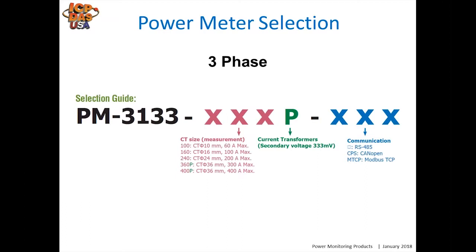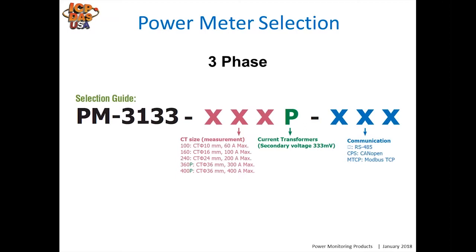The P, whether it's there or not, determines whether there's a secondary transformer for measuring larger current output. The final characters determine the communication protocol that the power meter is designated for. Without anything at the end, that would be RS-485 Modbus RTU. If there's a CPS, that's CANopen protocol, and MTCP is Modbus TCP.